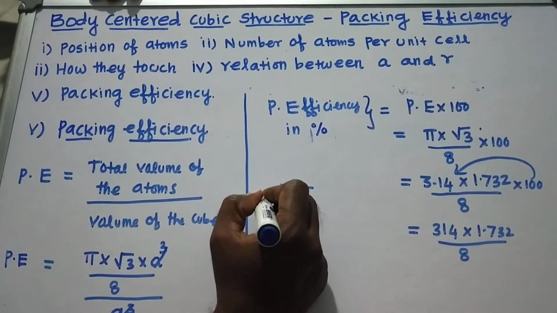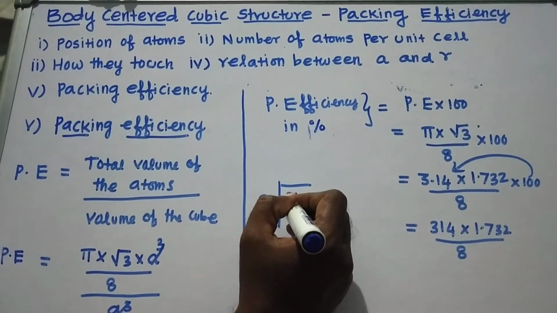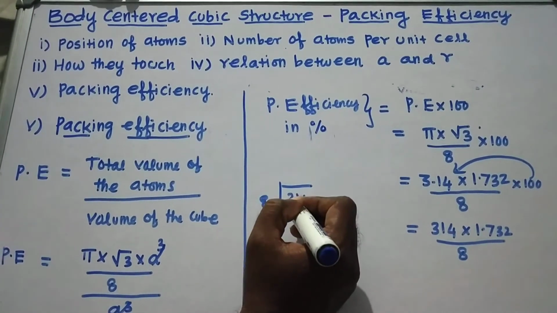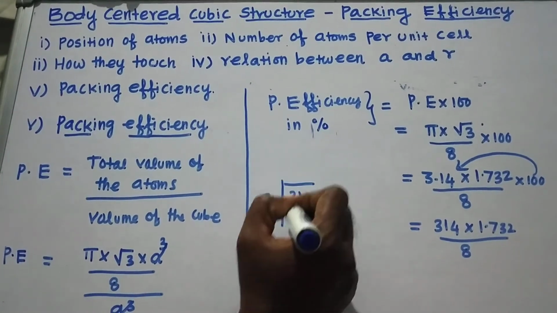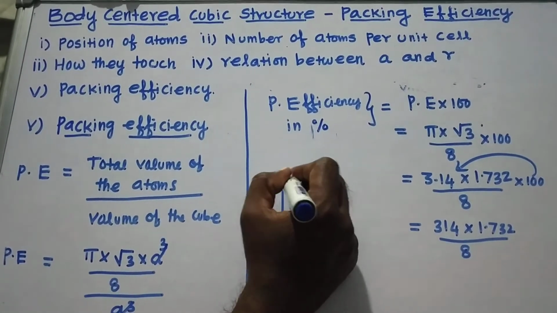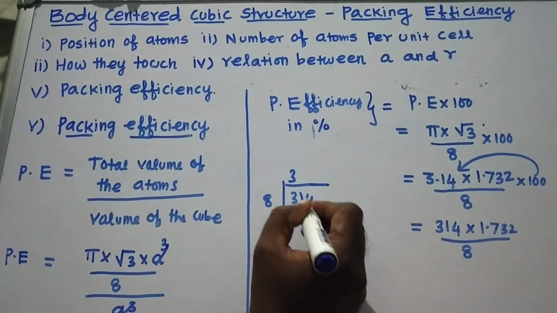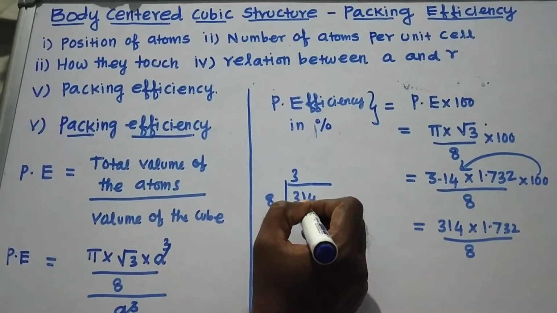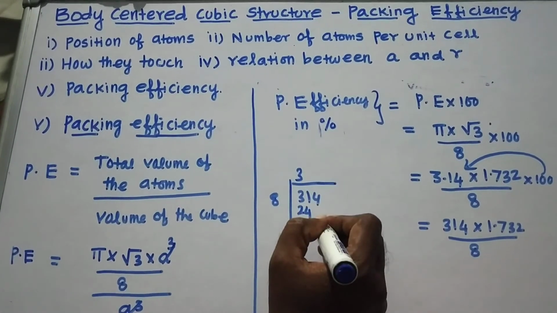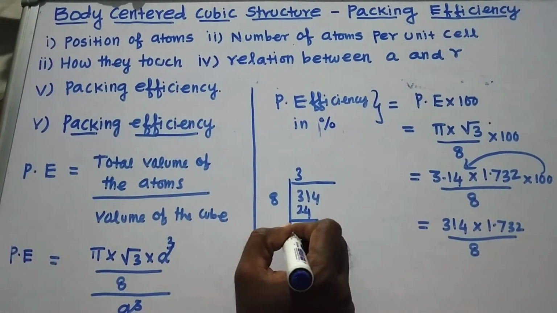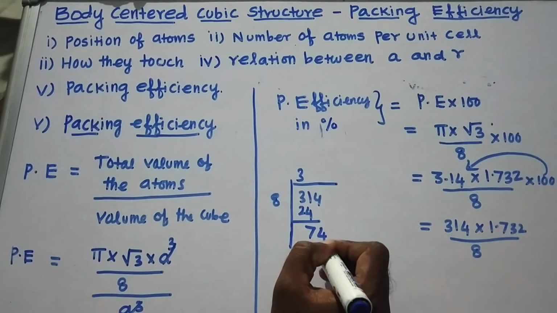Okay. Now we are going to divide 314 by 8. So that into 13, 1 it's a 16, 24. Okay, it's equal to 24. Then it's equal to 3 times. Then in the 11 minus 4 is equal to 7. Then it's equal to 74. In the 74, 8 is present in the 9 times.